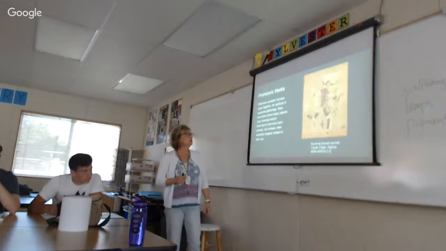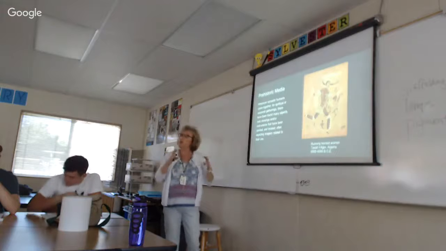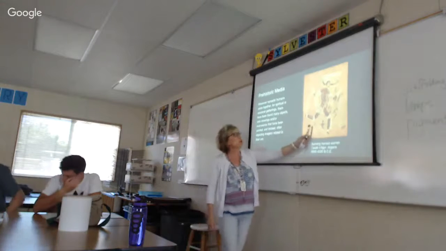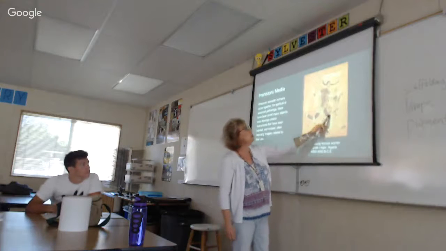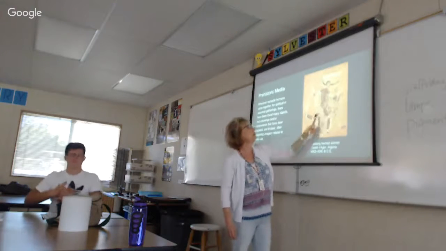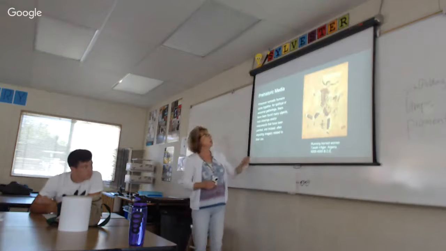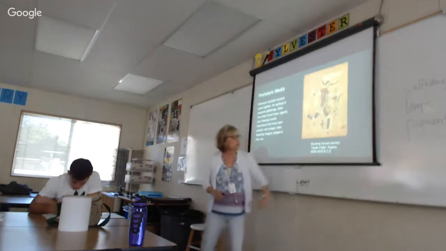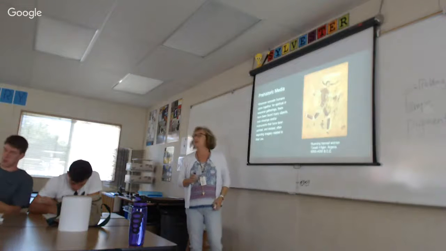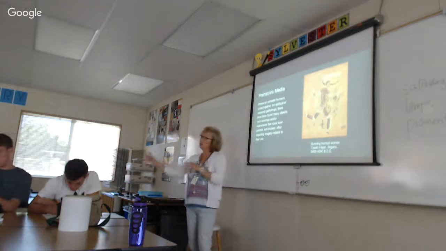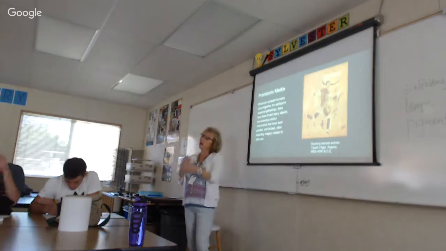Okay, next one. We're still kind of doing the overview. So this is a really cool one because it's a running horned woman. You can see that she's almost superimposed on other figures. This is found in a really hard to find place in Algeria. And they believe that there were annual events where different nomadic groups would come together and have various rituals.